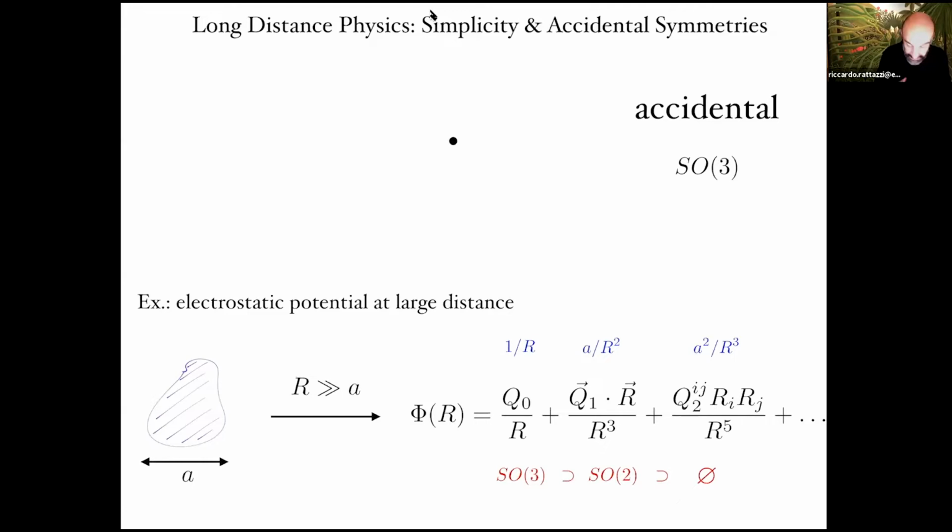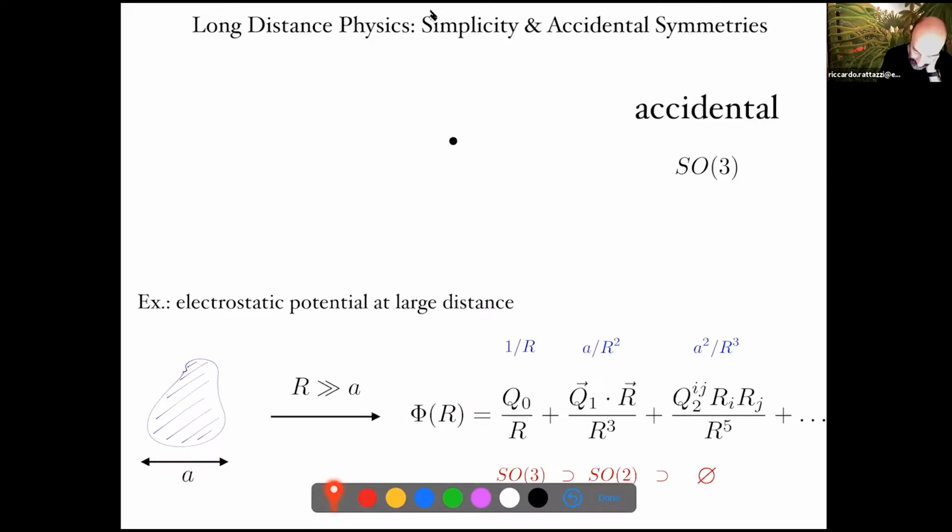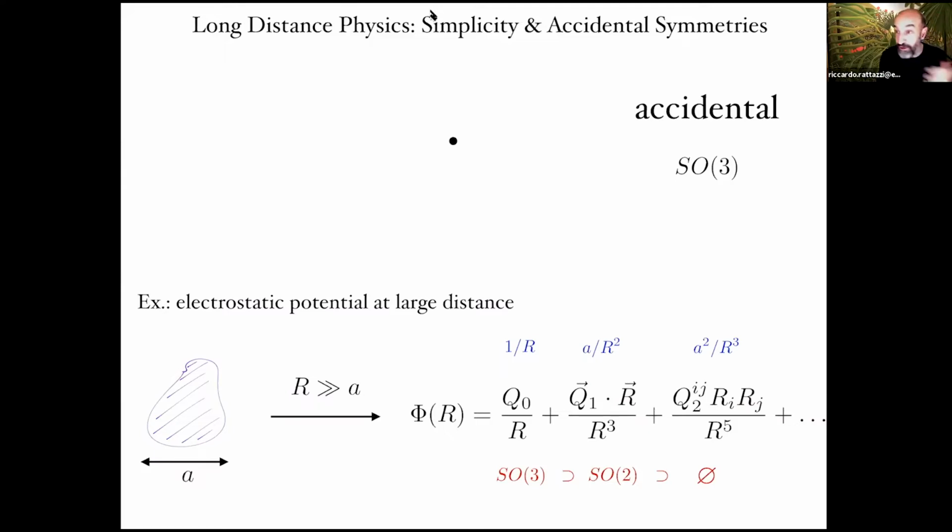You take your electrostatic potential, so there's a local distribution of charge, and then you expand it at large distances, and you have the monopole, the dipole, the quadrupole, and so on and so forth. And now, when you are very, very far away, you can neglect everything apart from the monopole. And the monopole, as you know very well, is the 1 over r potential, the same in all directions. So it's SO(3) invariant, precisely like our spherical cow.